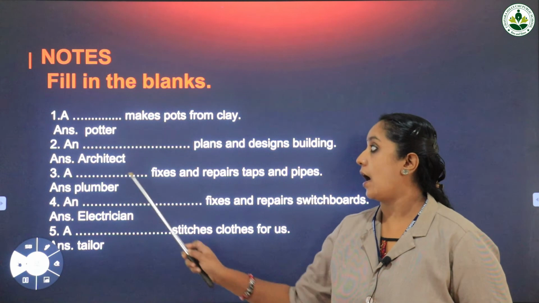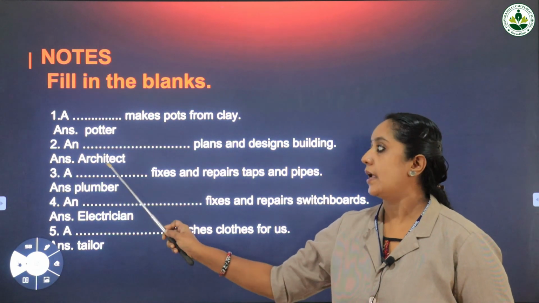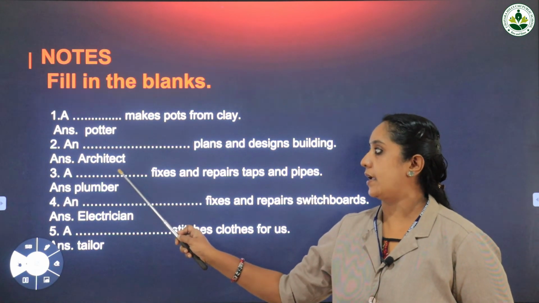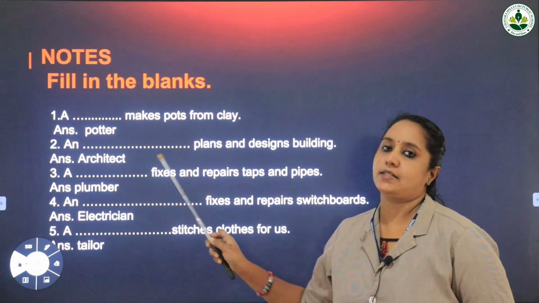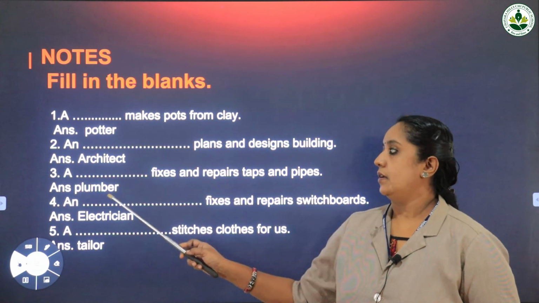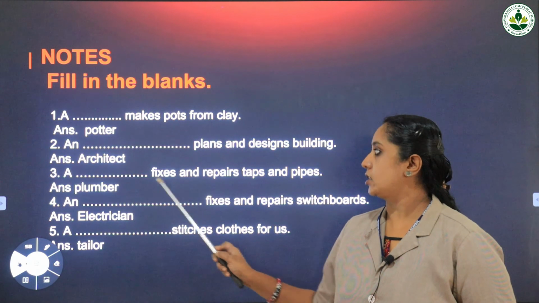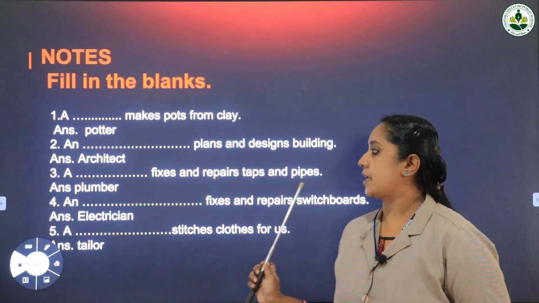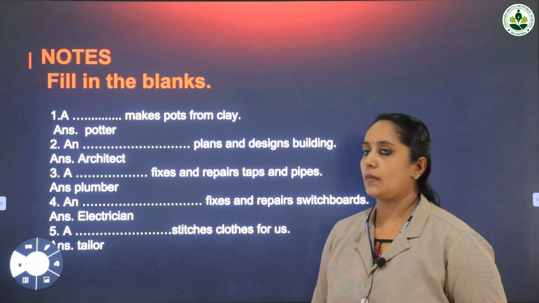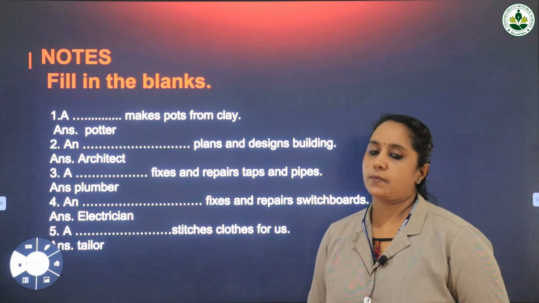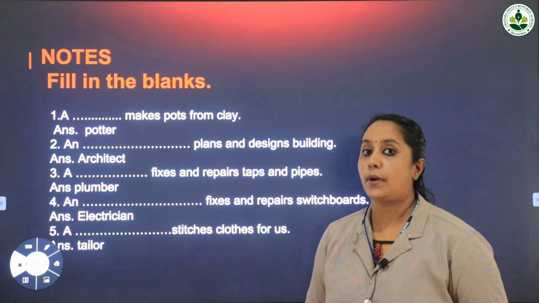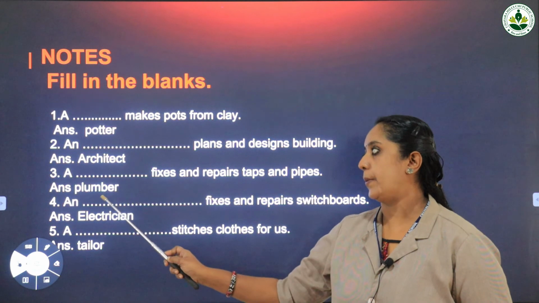It is the architect. Spelling is A-R-C-H-I-T-E-C-T, architect. Now third one, a dash fixes and repairs taps and pipes. Who fixes the taps and pipes at your home? It is the plumber.